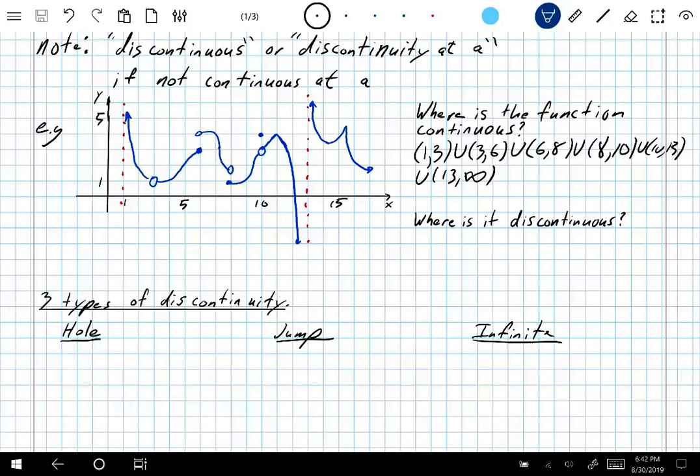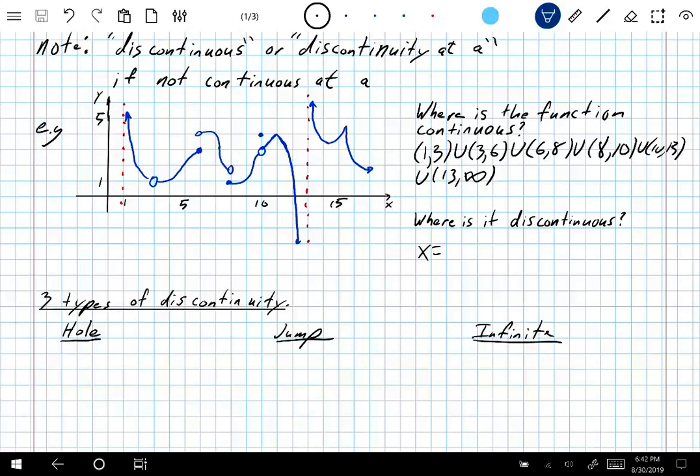Okay, so saying the opposite, where is it discontinuous? We are probably not going to bother writing 1 because that is the edge of the domain. So this function's domain, any reasonable mathematician would say, don't bother writing this because that's not really even a part of the function.